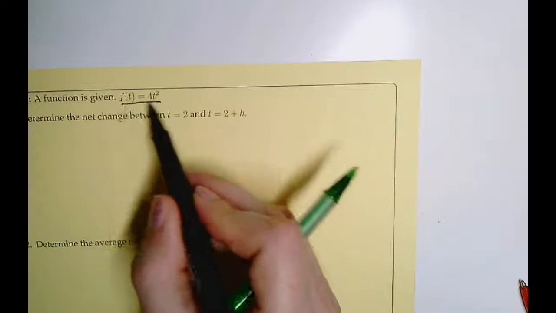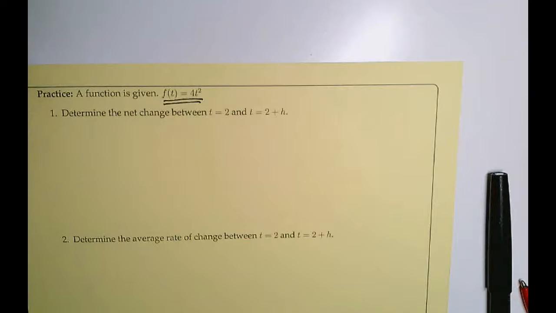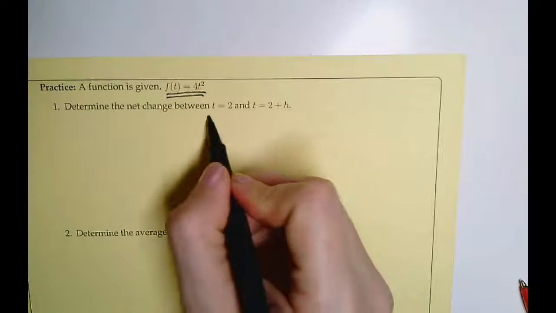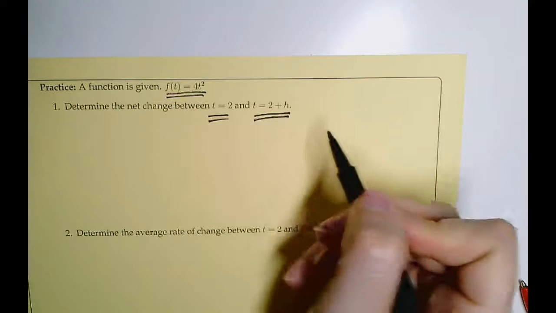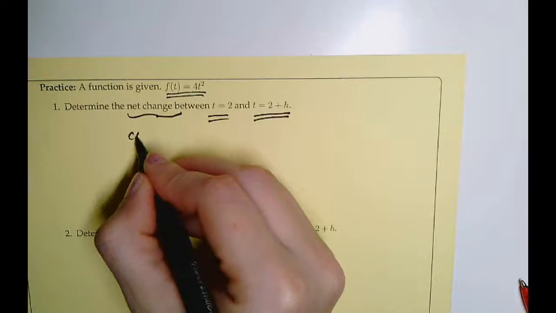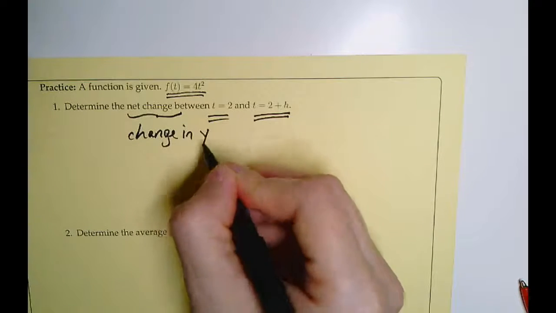So this is nonlinear. The net change between t equals 2 and t equals 2 plus h. Remember, the net change is just going to be the change in y value.